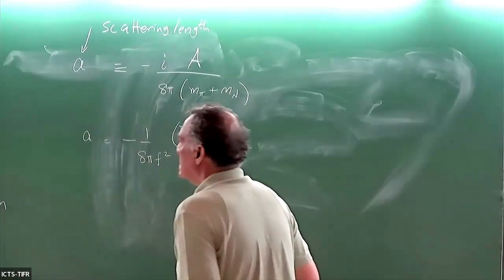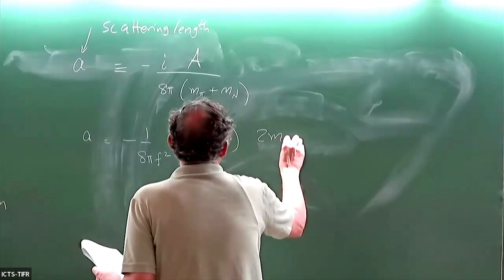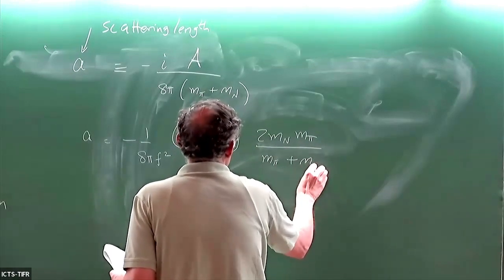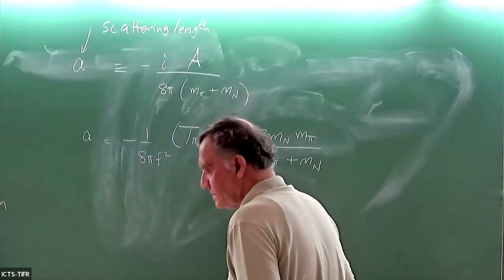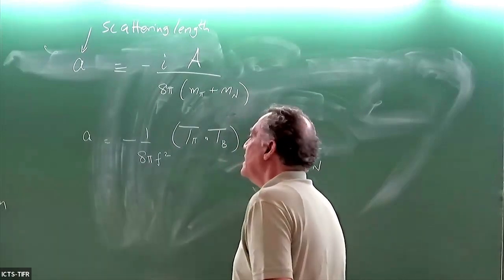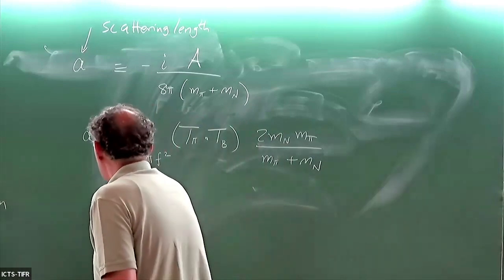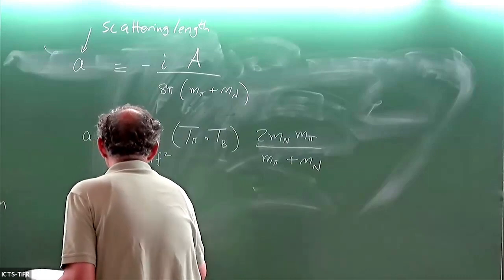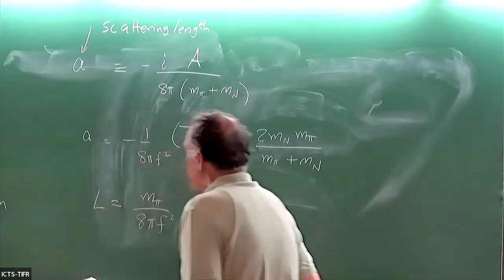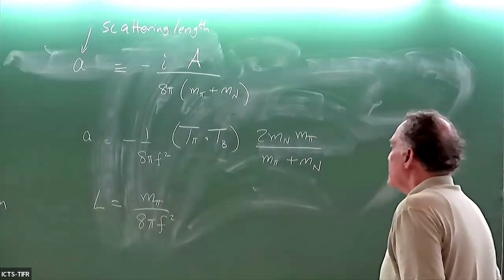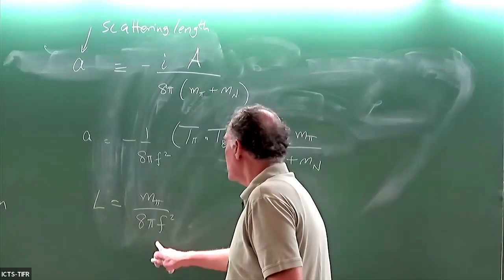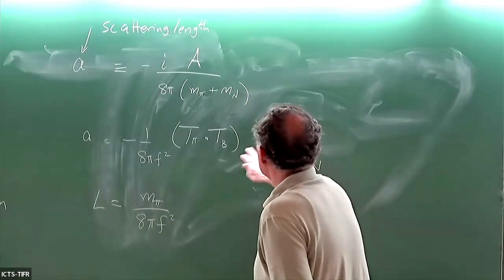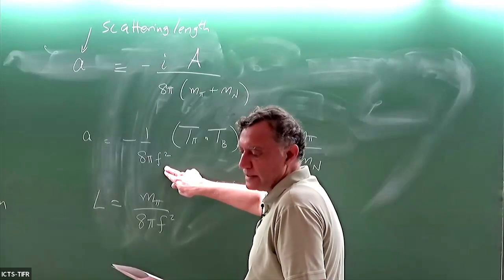And then you get 2mn m pi over m pi plus mn. And in the case of pions, we define something in terms of this length L. All of this is kind of trivial. It's just some conventions for how people quote the results. The L has units of length, and it's defined as m pi over 8 pi f squared. So you can see that there's an m pi over 8 pi f squared here.